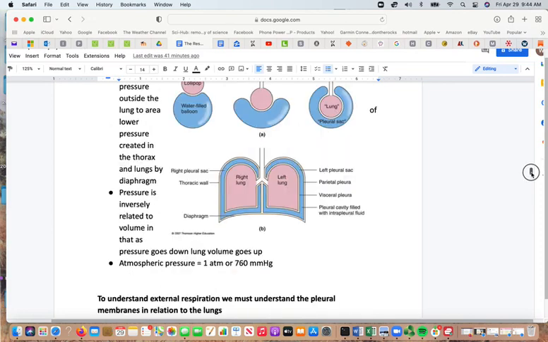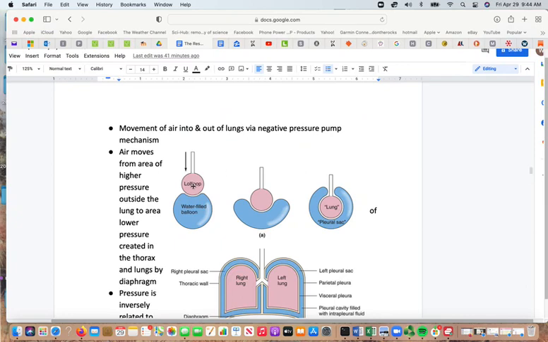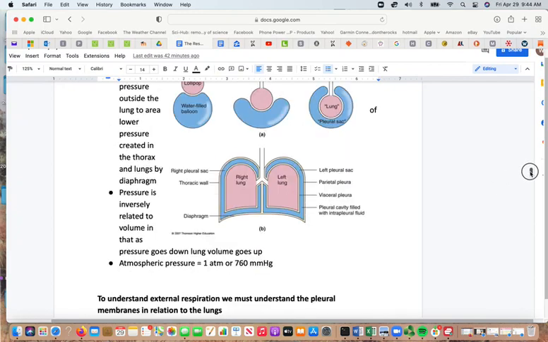So this model here shows how you have kind of this lollipop that gets pressed into this balloon, and this balloon around it creates your pleural sac. The lollipop is like your lung. So pressure is going to be inversely related to the volume. So pressure will go down as lung volume goes up.